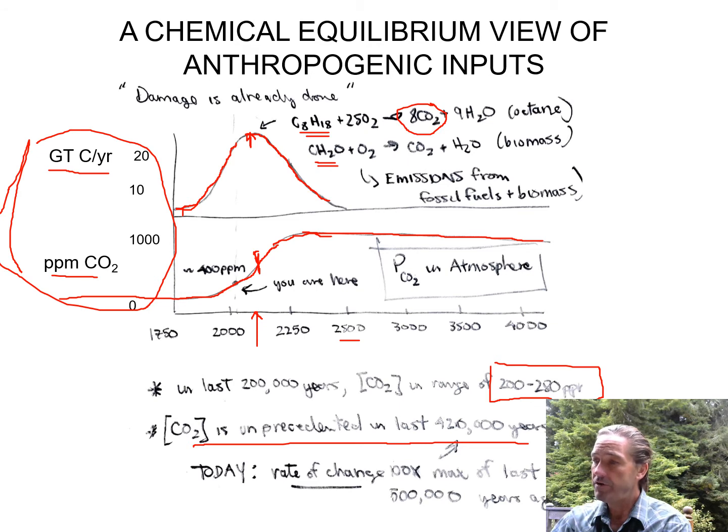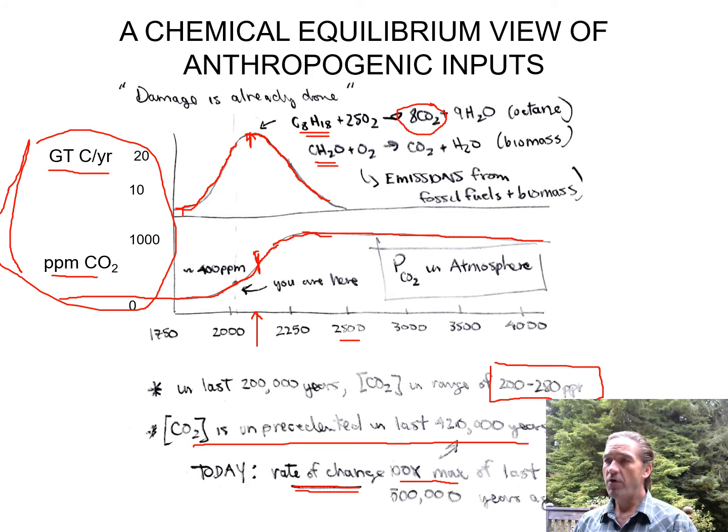Even more disturbing, and a lot of times it's not really mentioned, is the rate of change. The fact that today what we're doing by burning all these fossil fuels is 100 times quicker than what was experienced 500,000 years ago. So what we're doing and how we're doing it is unprecedented.